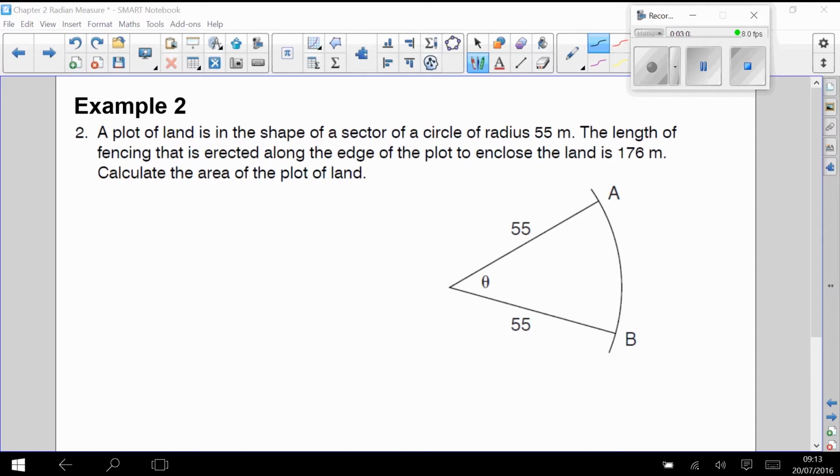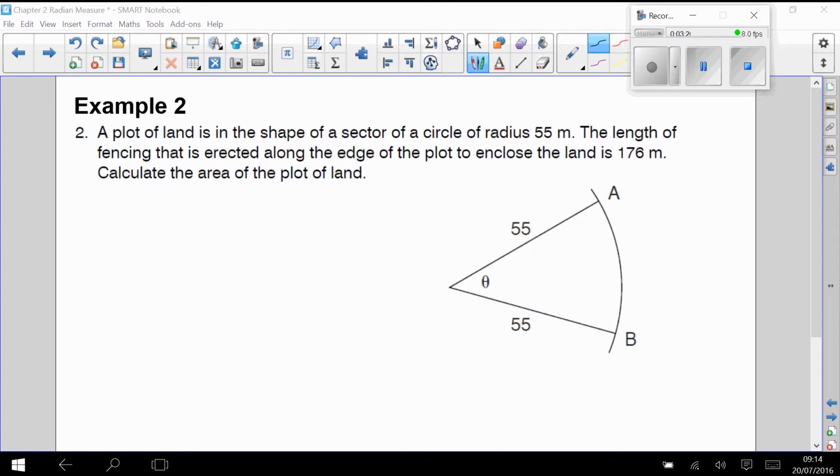In example number 2, I've been given a shape and I need to know what the area is going to be of this shape. Now they tell me that the fencing all around the edge of the plot was 176 meters.